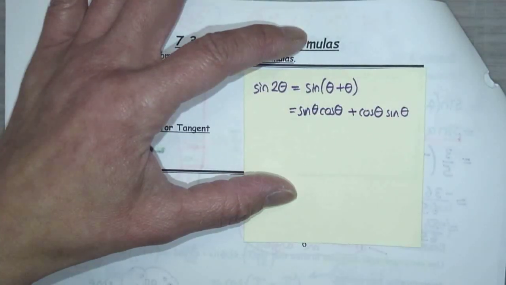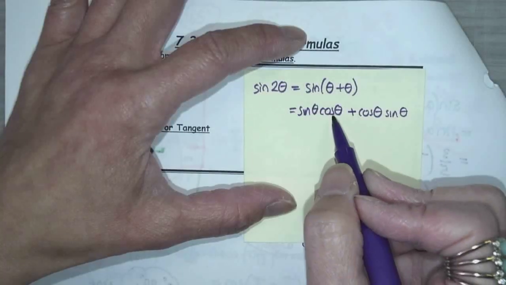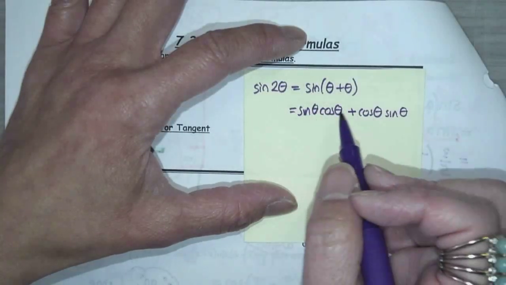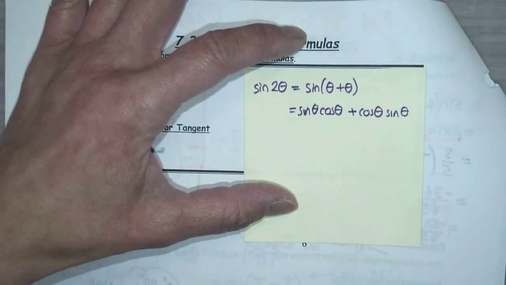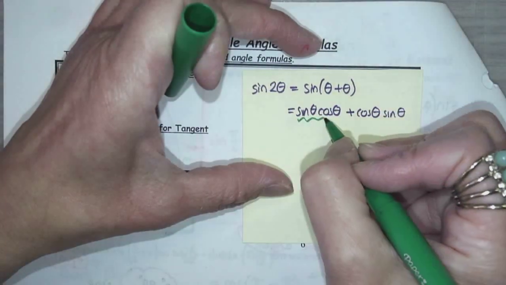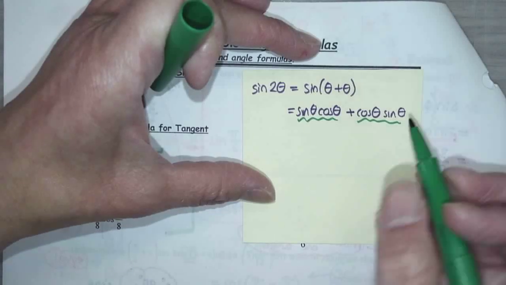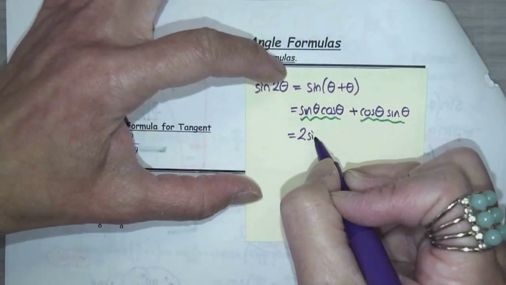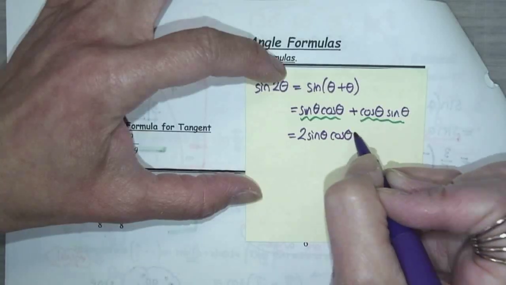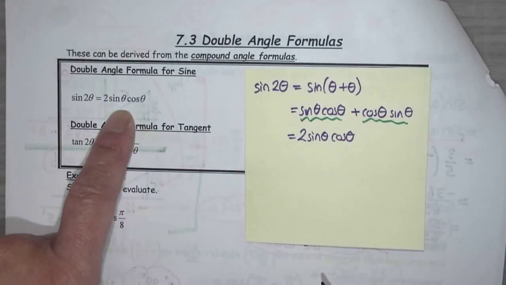But aren't they the same like terms? Those are like terms, so you can simplify to be 2 sine theta cos theta. And that's where they got the formula.